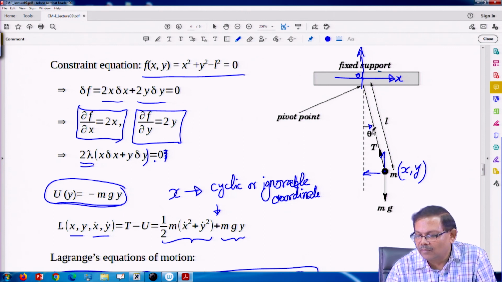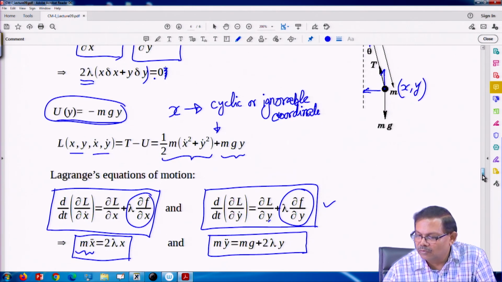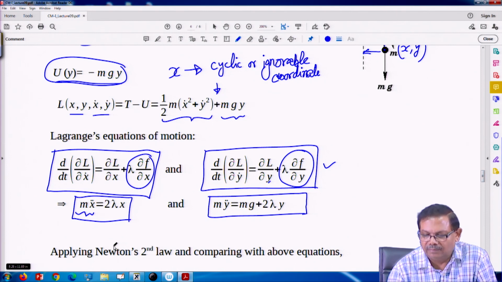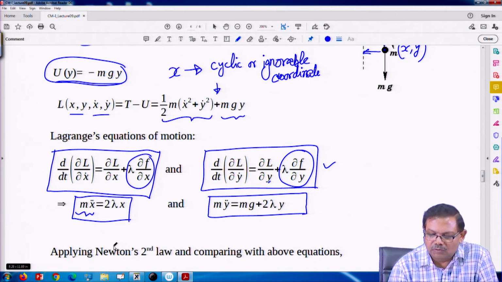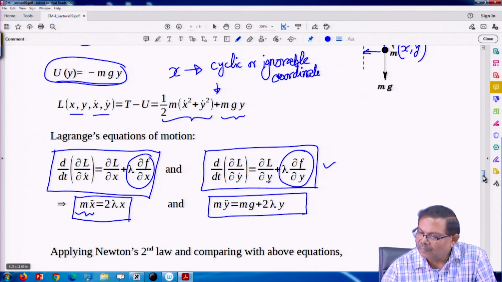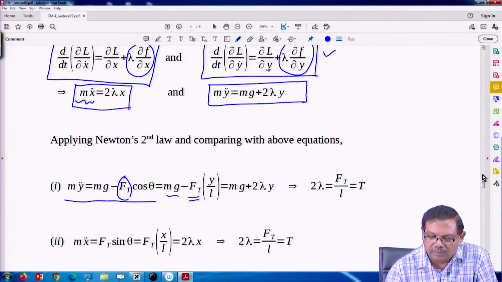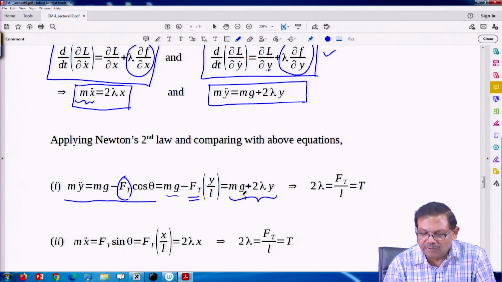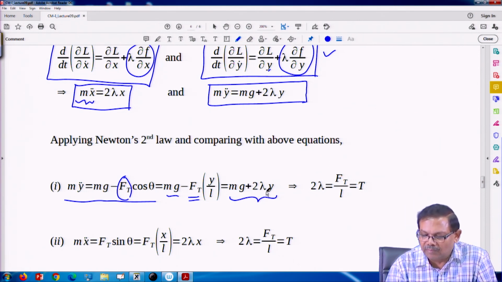If I take cos theta, base upon hypotenuse, the hypotenuse is L, so cos theta is y upon L. Applying Newton's law, I get this equation, and this is equal to our equation from Lagrange's equation. We have m g minus 2 lambda y.